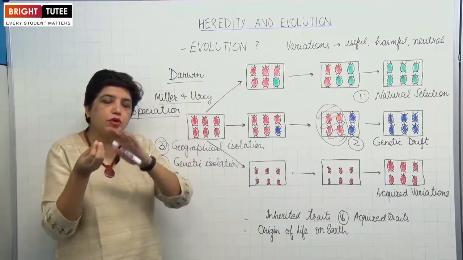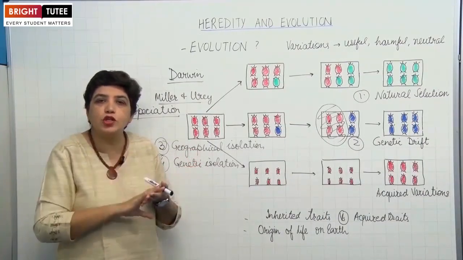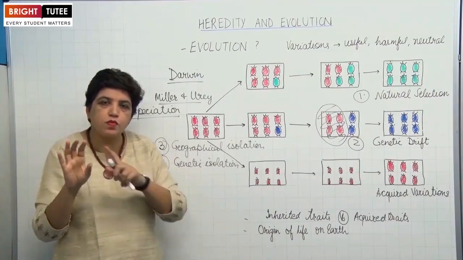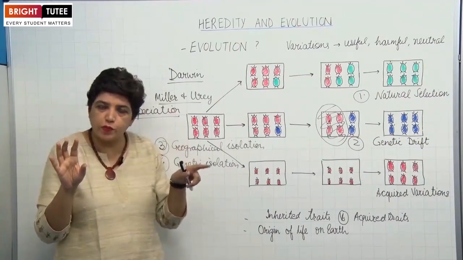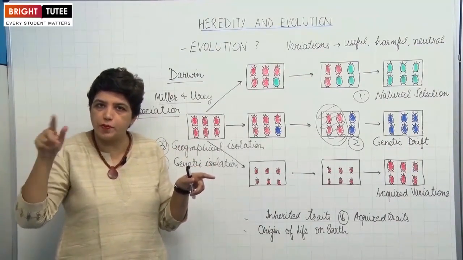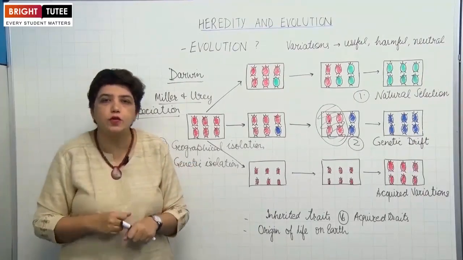Those organisms could not reproduce with the given population. For example, a change in the number of chromosomes. Those which had a changed number of chromosomes could not reproduce with the rest of the population. So they reproduced among themselves and formed a new kind of species.